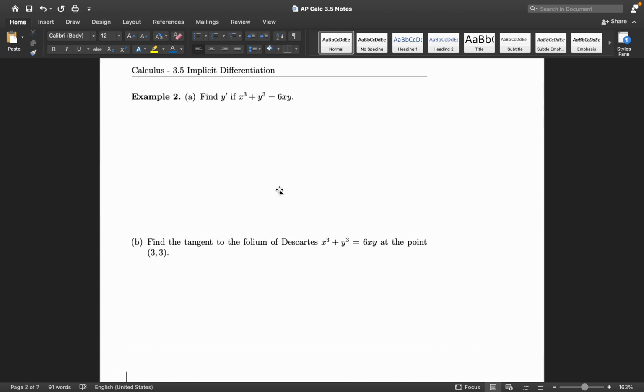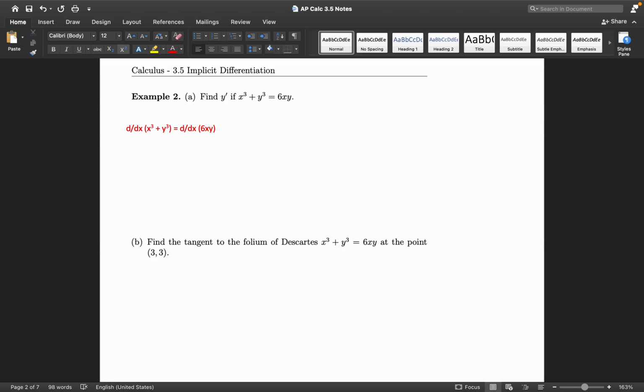Implicit differentiation just means, if I want to take the implicit derivative, take the derivative of both sides. So I want to find the derivative with respect to x of x cubed plus y cubed, and that's going to equal the derivative of 6xy.